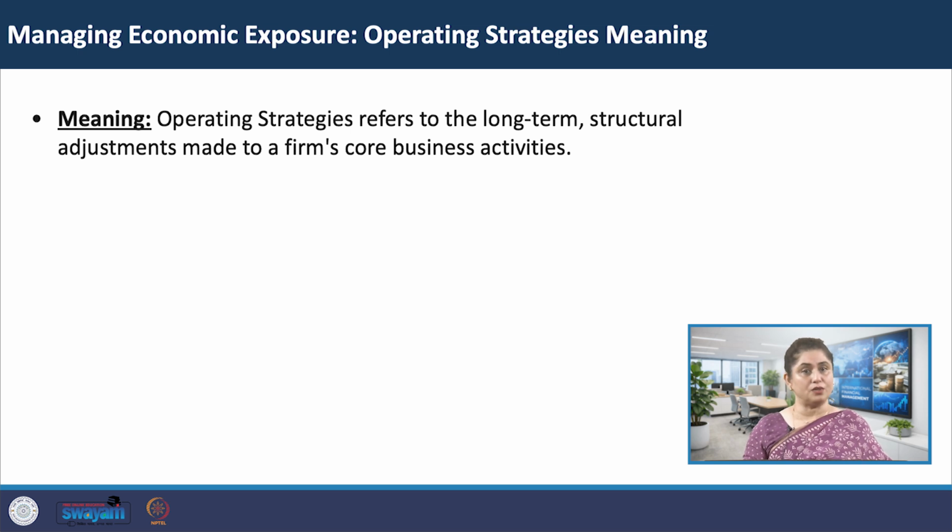Now notice this word structural. We are not talking about buying a forward contract or entering a derivative agreement. We are talking about changing how a firm operates, where it manufactures, whom it buys from, whom it sells to. These decisions reshape the business model itself.